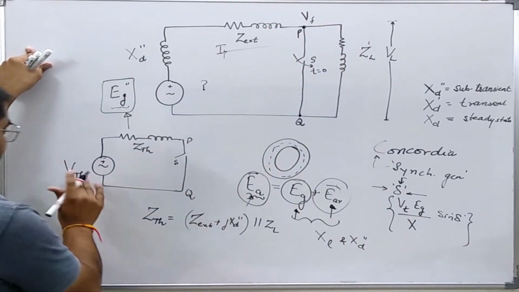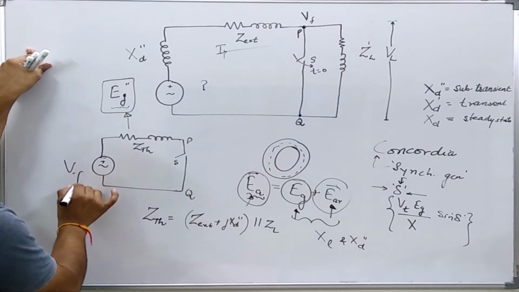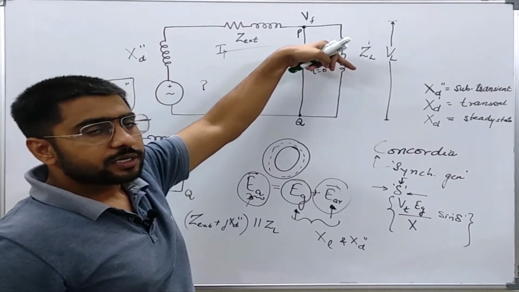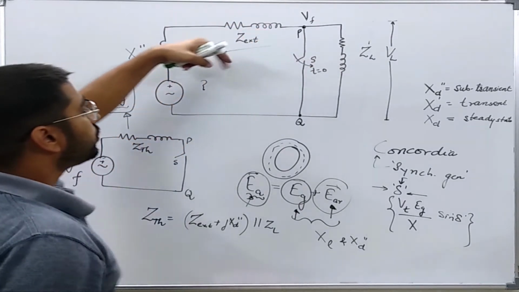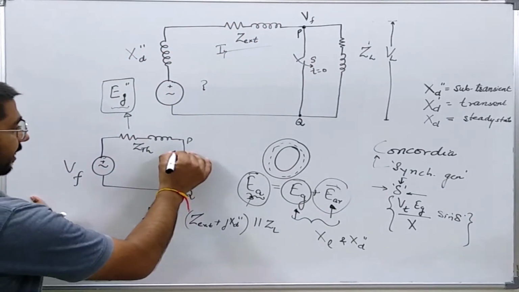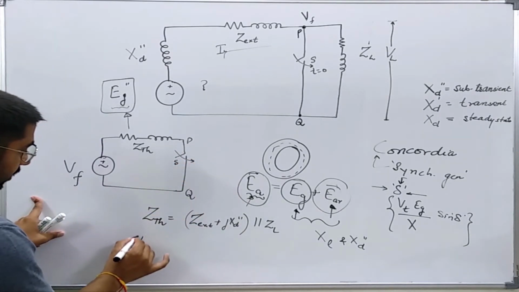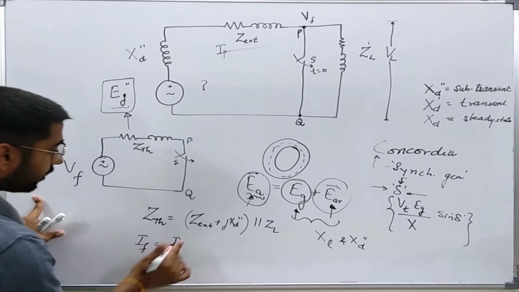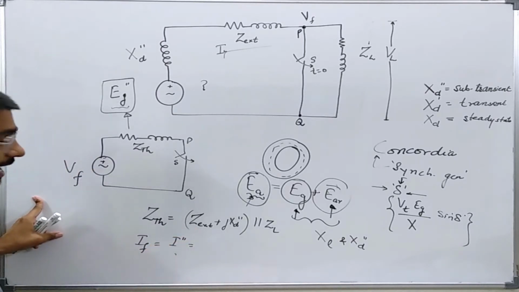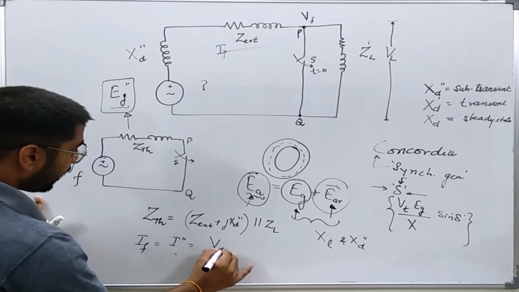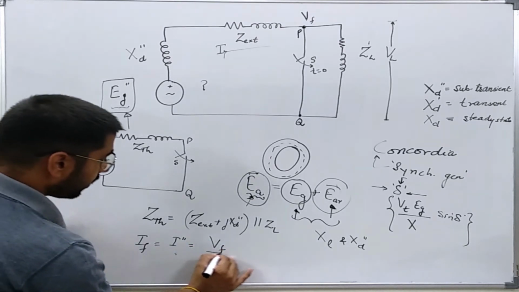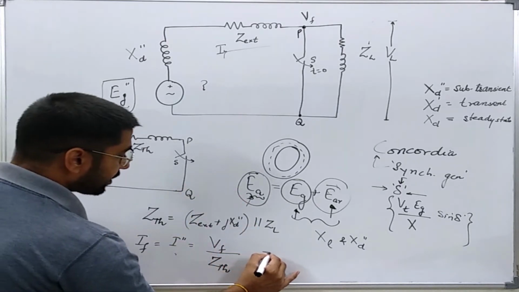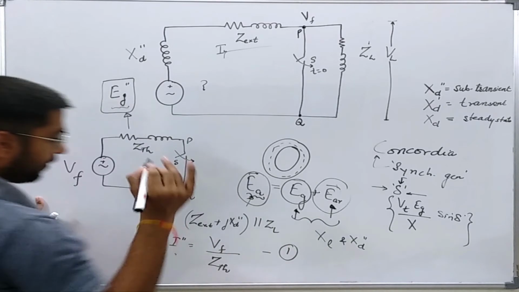So V Thevenin is nothing but Vf. When this switch is closed, the current flowing through it is nothing but the fault current, and if I am just dealing with the sub-transient part, it is equal to I double prime, which equals Vf over Z Thevenin. Let us say this is equation number 1.